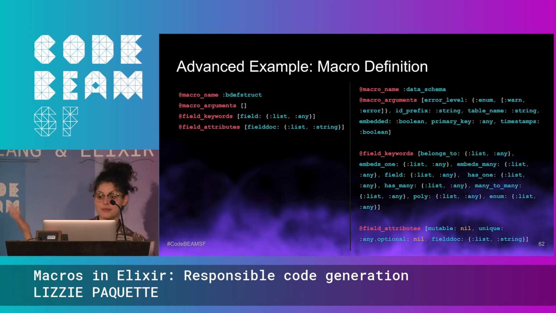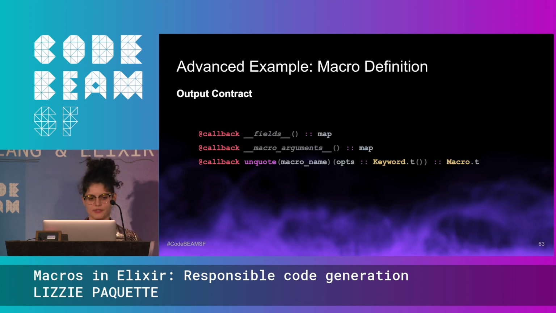Of course, for the schema definition, we have a ton more arguments, a ton more field keywords because you need all of the Ecto ones, like belongs to, many, etc. But by just defining these and then defining those 2 plain old functions, we were able to give these things in return. So we promise to return 2 reflection functions, fields and macro arguments, and then we also generate the macro that you are hoping to have.